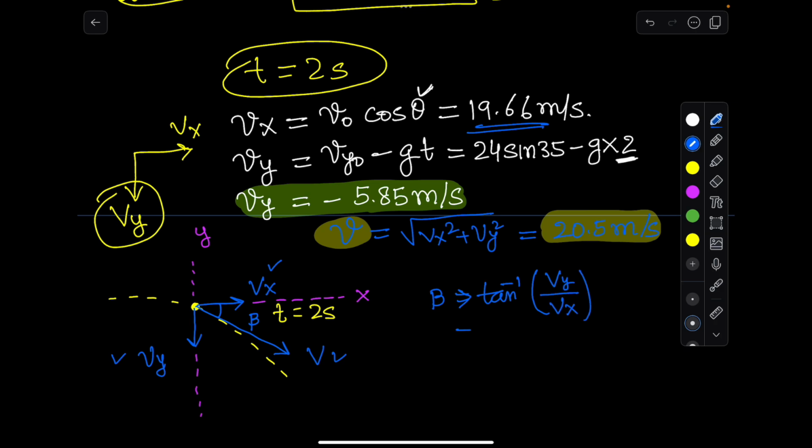Put these values in, step by step: tan inverse of 5.85 upon Vx, which is how much? It is 19.66. So here you get 16.58 degrees, not radians. So beta is known to us.